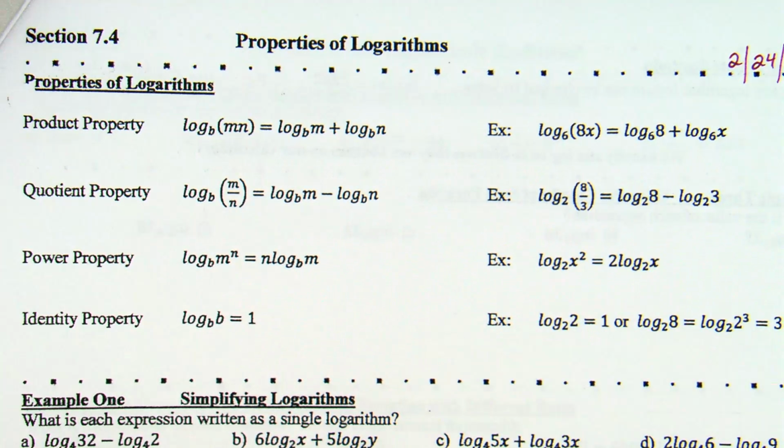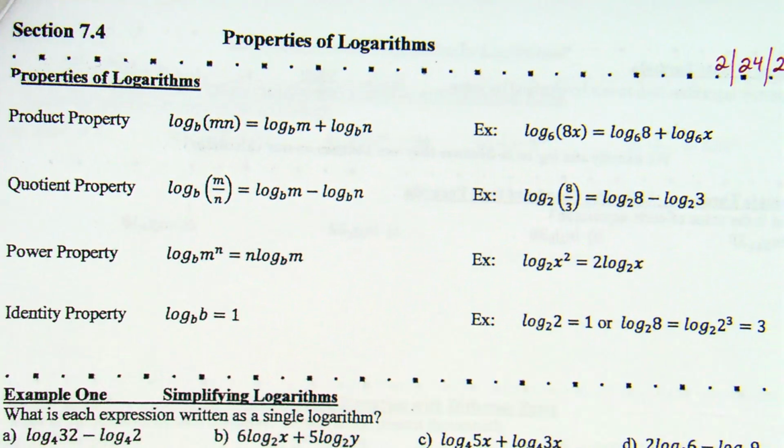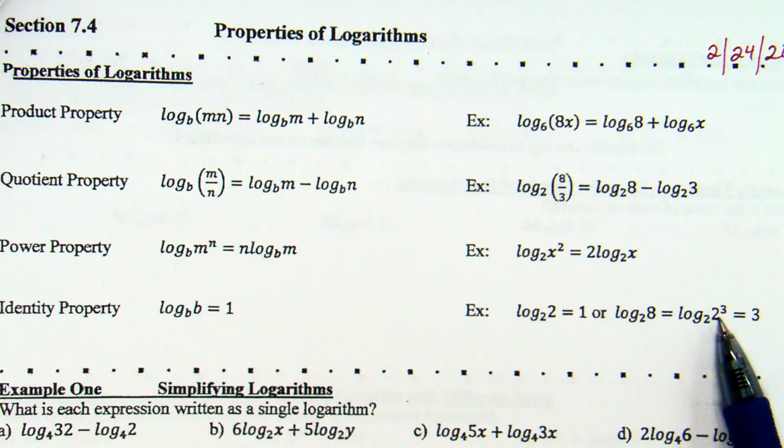Now, the twist on this is if you have something such as log base 2 of 8. What do we know about 8? According to our new paper, 8 is 2 to the third. And so if 8 is 2 to the third, and we rewrite that, log base 2 of 2 to the third, well, because those two match, this is just going to equal the power of 3.